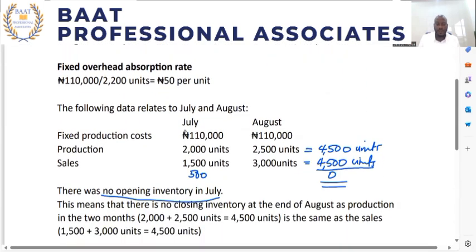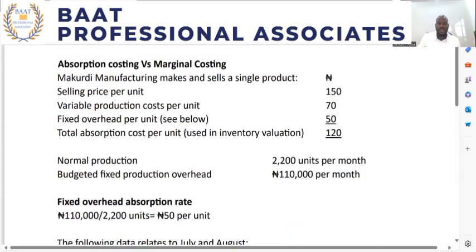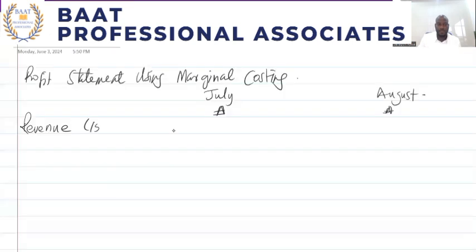We sold 1,500 units in July. And what's the selling price per unit? Selling price per unit is 150 naira. So that is 1,500 multiplied by 150 naira, and that will give us 225,000.